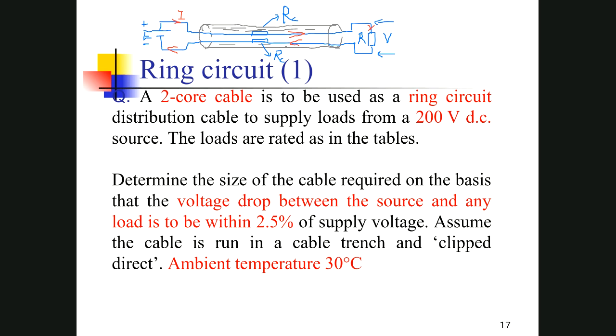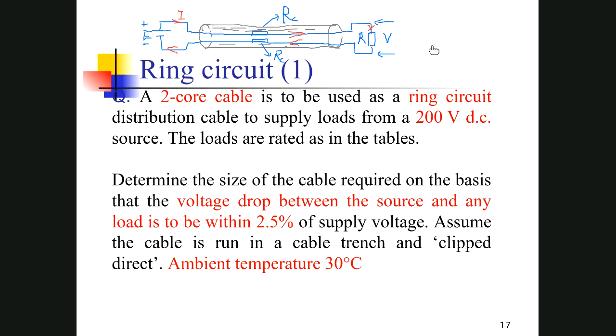Then, as you look at this circuit, this is the source which has a voltage E, and we're using a two core cable. One core is connected to the positive polarity of the source. The other core is connected to the negative polarity of the source.